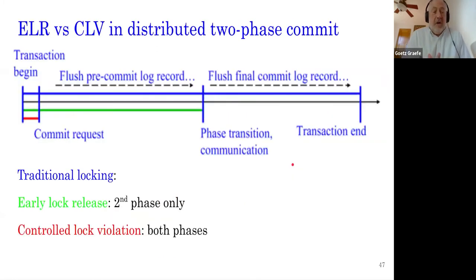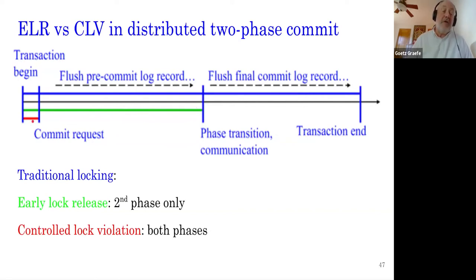Controlled lock violation also works very well in two-phase commit. The traditional lock retention would retain the lock from the first access to the completion of both commit phases. Early lock release, as proposed in 1984, would retain a lock through the first phase.